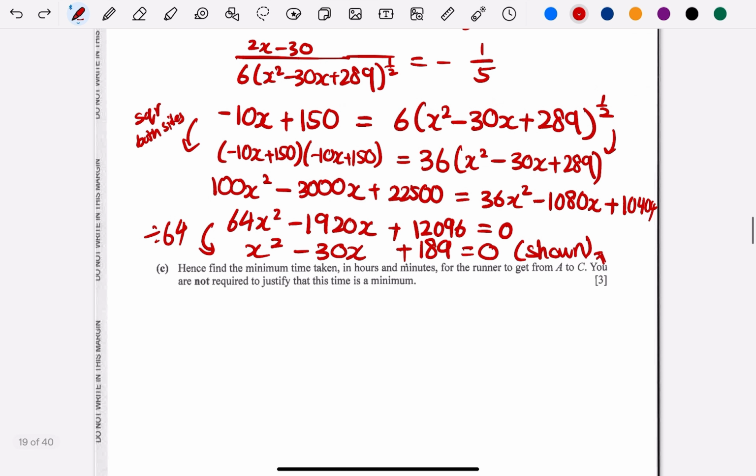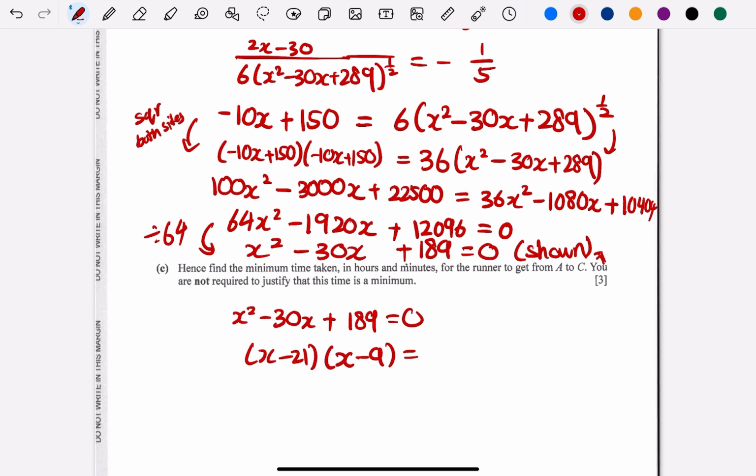We still need to find the time from there. So let's first solve for x. You just use the quadratic formula: (x minus 21)(x minus 9) equals 0. x either equals 21 or x equals 9.